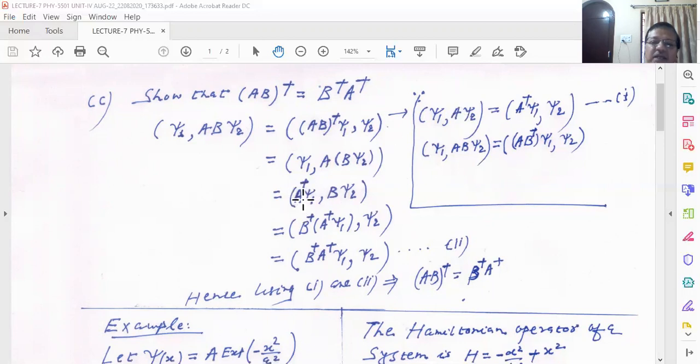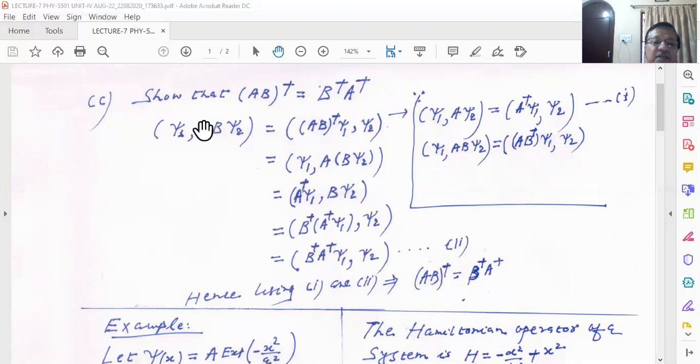Again, B is a Hermitian operator, so using this law, now instead of A psi2 we have B psi2. So it comes out to be B dagger A dagger psi1, psi2. Ultimately, it gives you B dagger A dagger psi1, psi2.